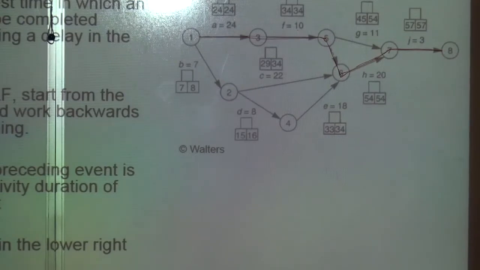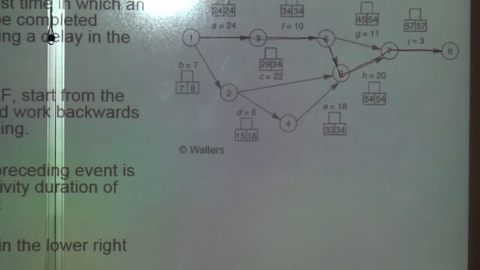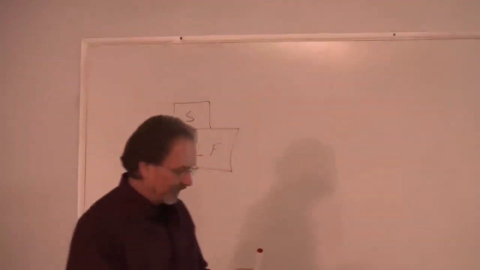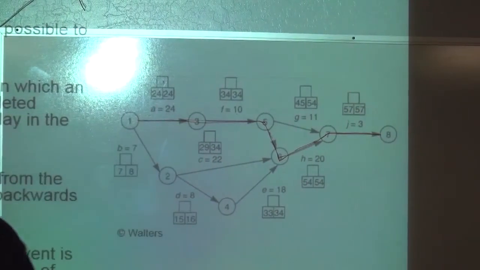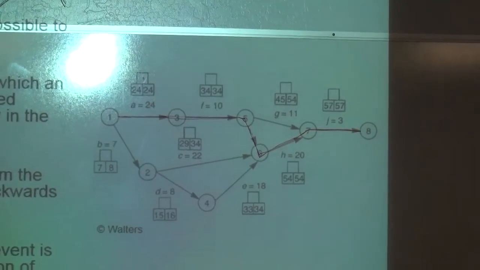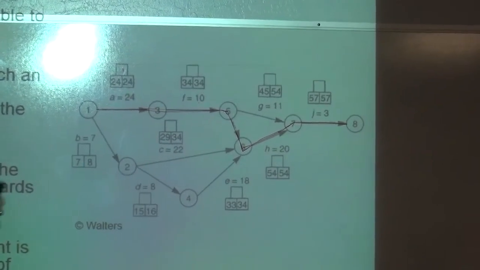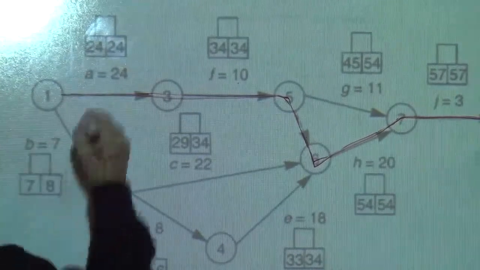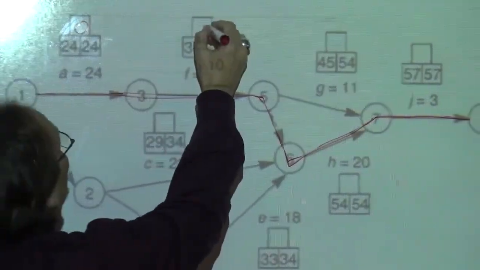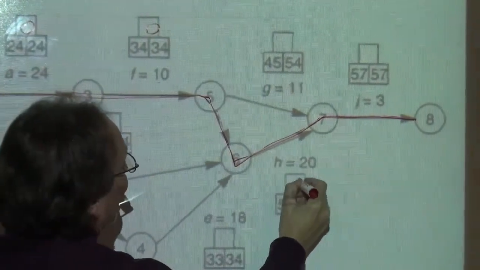And you probably guessed that what goes up here is the slack, which is the difference between earliest and latest finish. The slack on these is 0. It means you have to do it to keep your project on time. So along the critical path, your slack is 0.